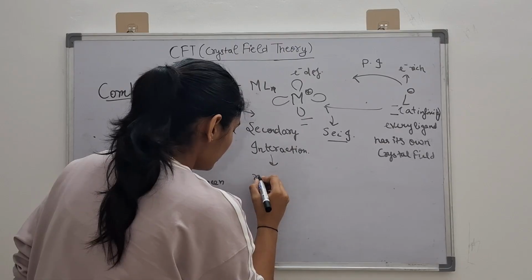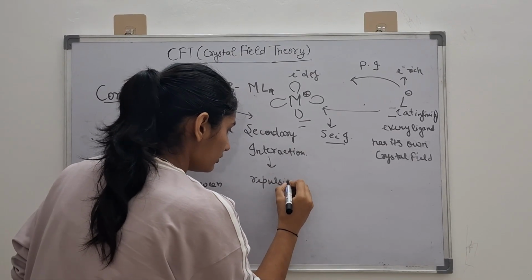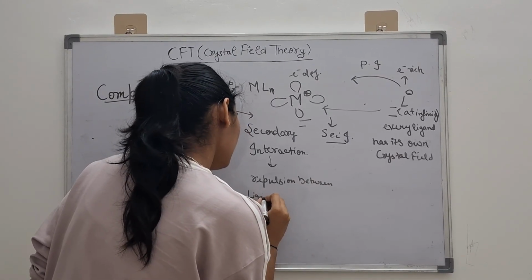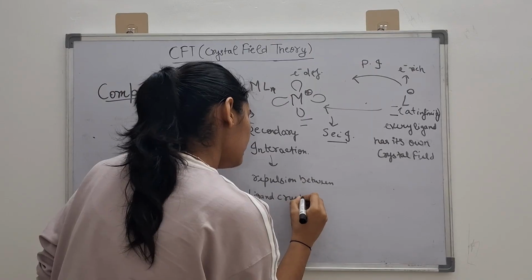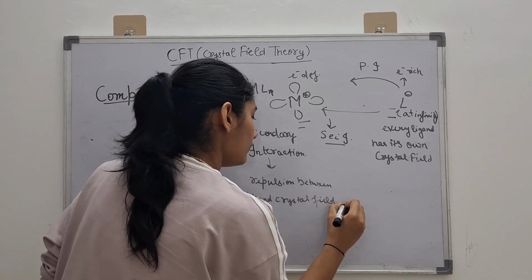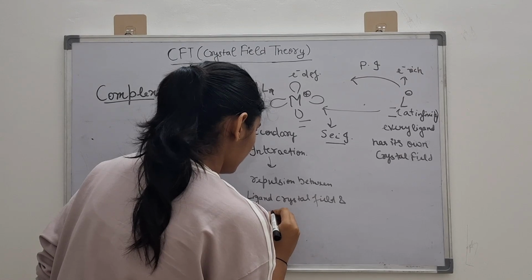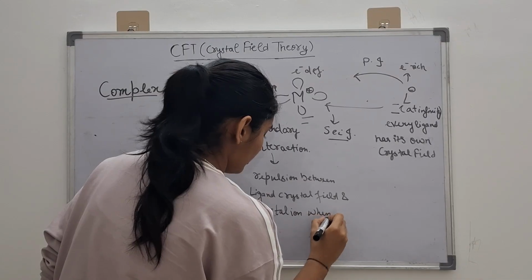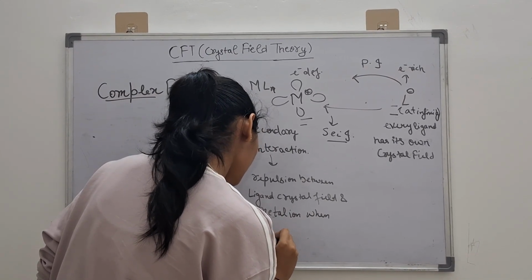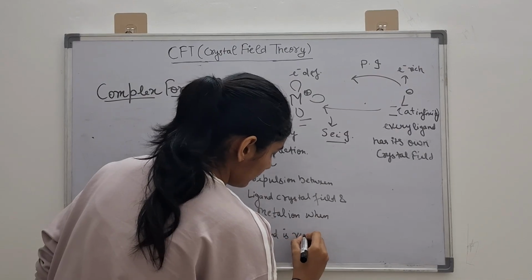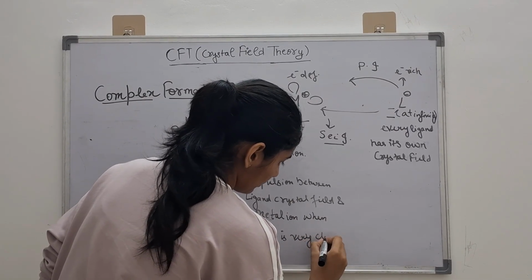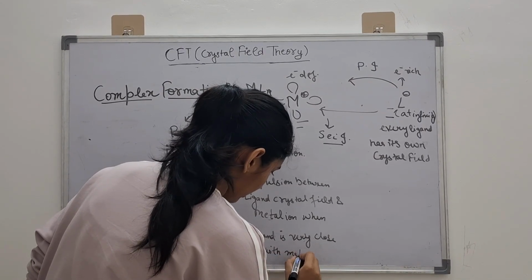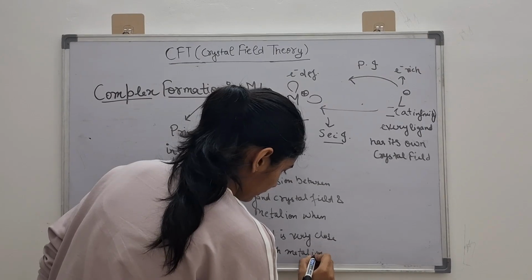This is the repulsion between the ligand crystal field and the metal ion, when the ligand is very close, in near field with the metal ion.